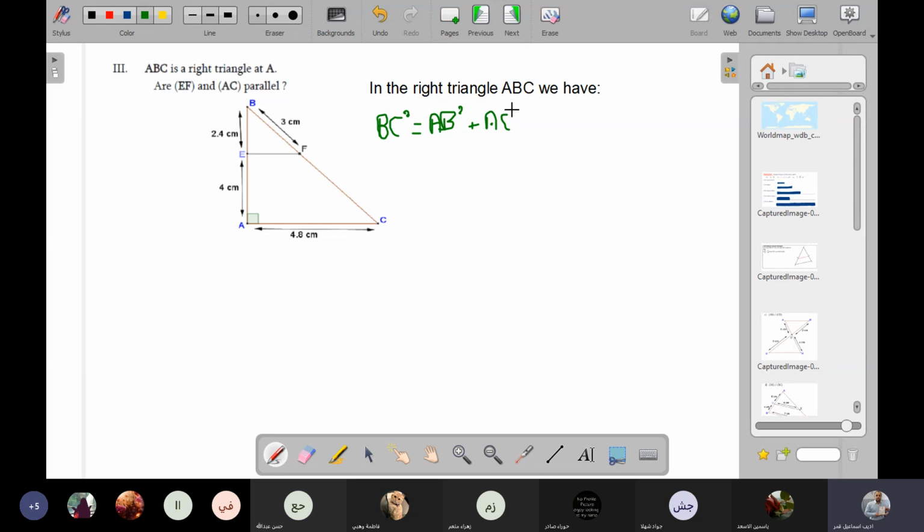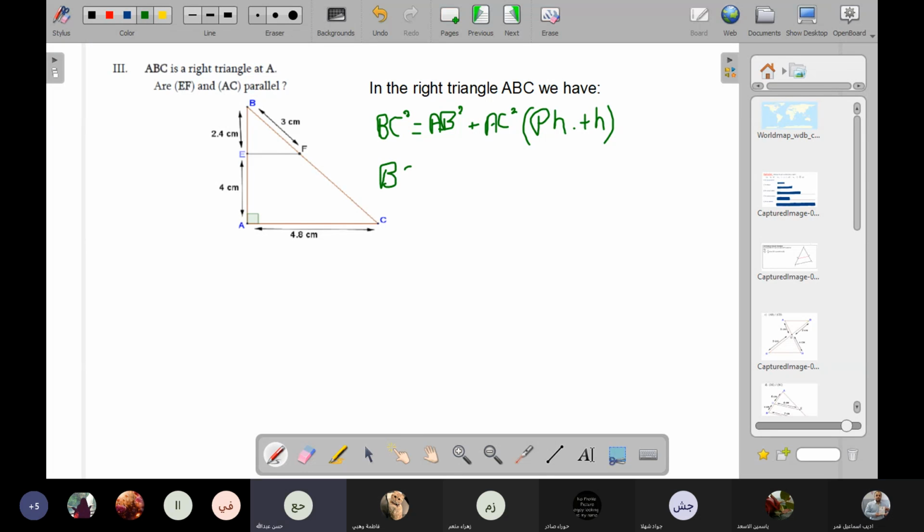Plus AC square. And this is what? Pythagoras theorem. Okay, continue Hassan.